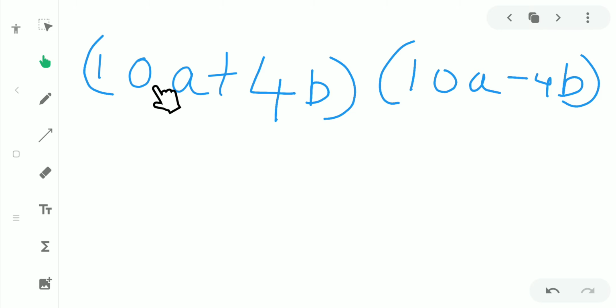That is, from 10 and 4 I can take 2 common, because 10 is nothing but 2 into 5 and 4 is nothing but 2 multiplied with 2.